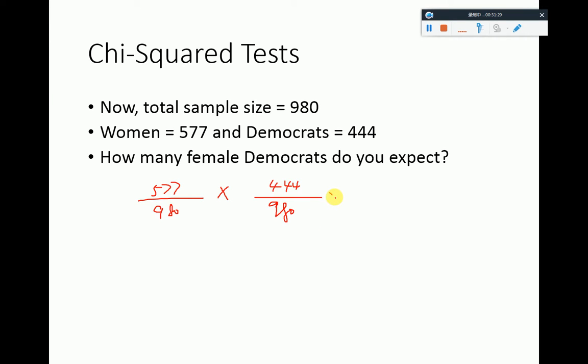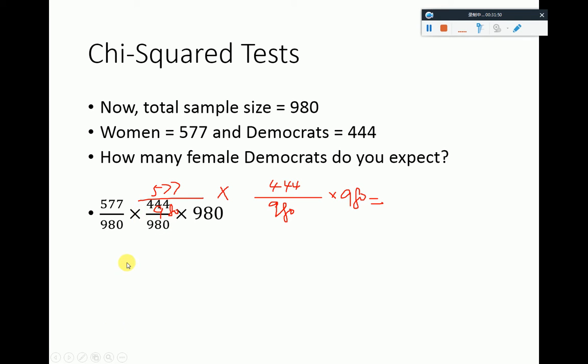And then after calculating this joint probability, we simply multiply it with the total sample size, and that will give us the number of female Democrats that we expect. Okay?